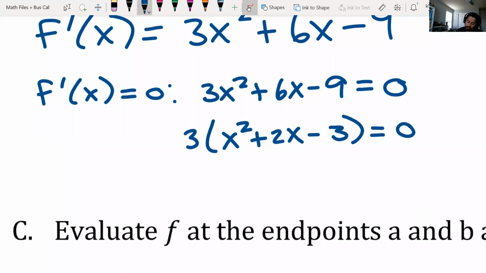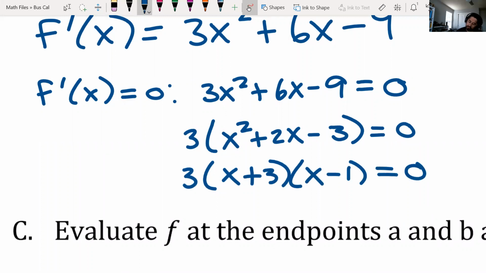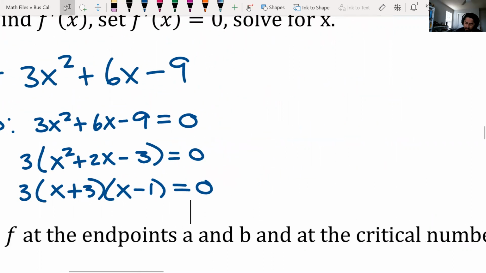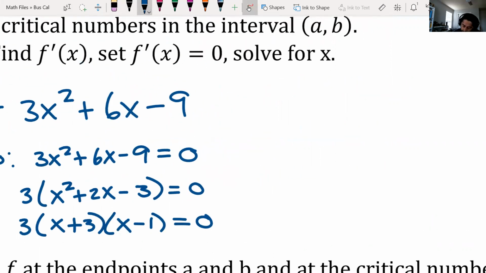And then I'll factor it. I'll get 3 times (x plus 3)(x minus 1) equal to 0. So that's x squared, -x, 3x. Good. And my critical numbers are going to be -3 and 1.